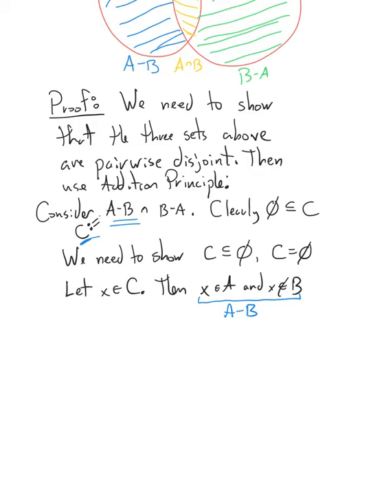So that's the A minus B part, and it's also in B minus A. So X is an element of B, and X is not an element of A. But this means, look at this.